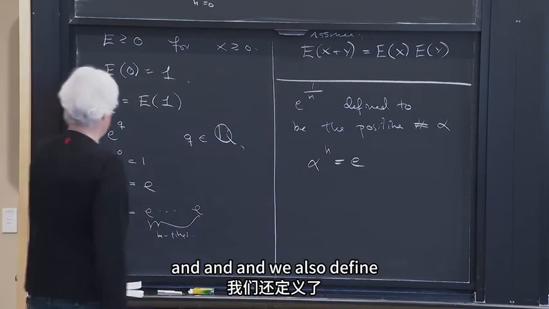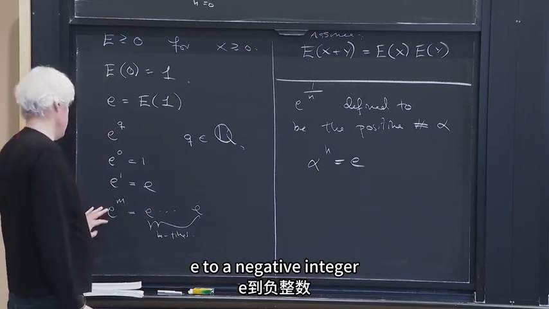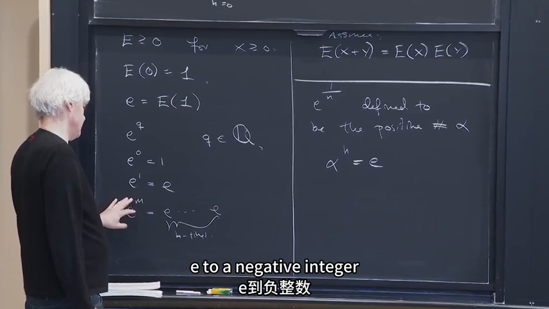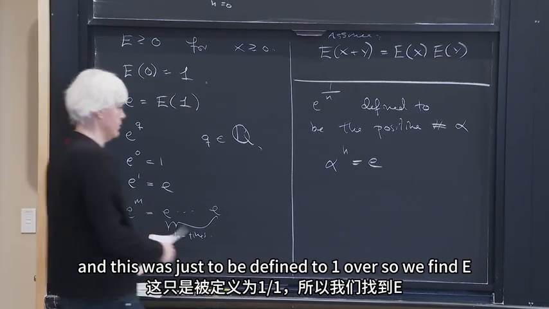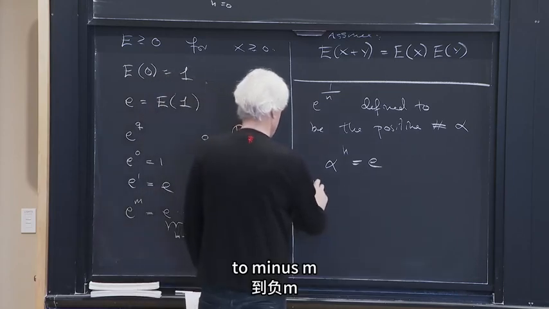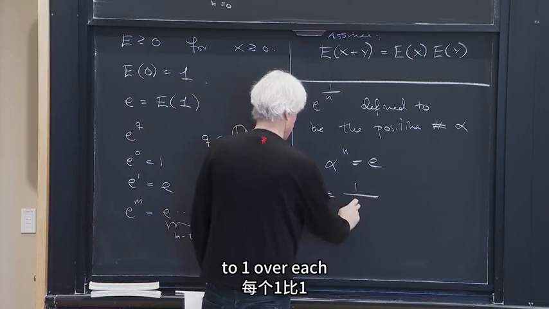And we also defined e to a negative integer, e to the minus m, to be 1 over e to the m.